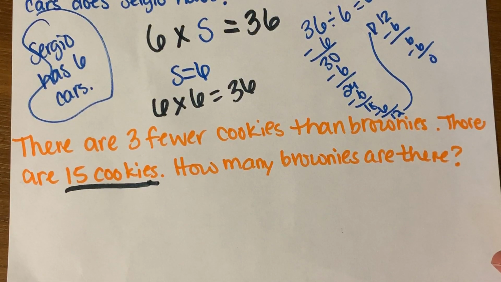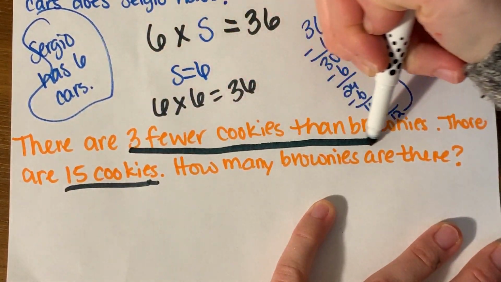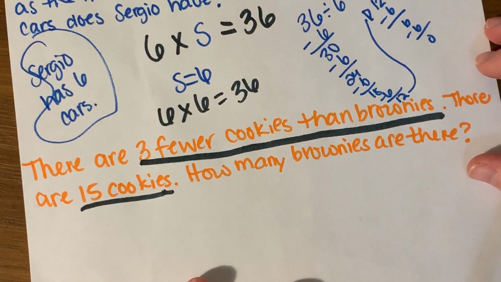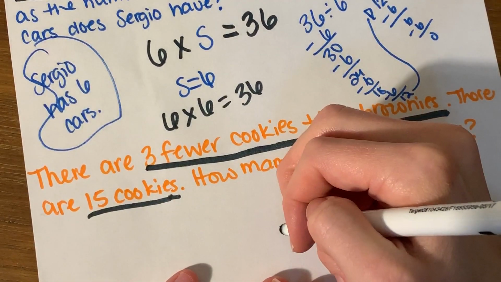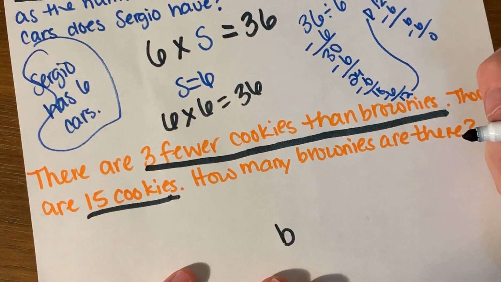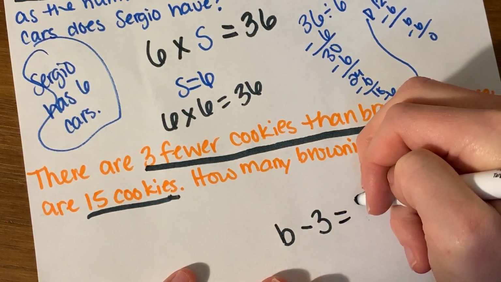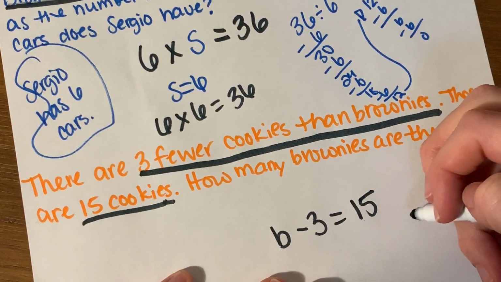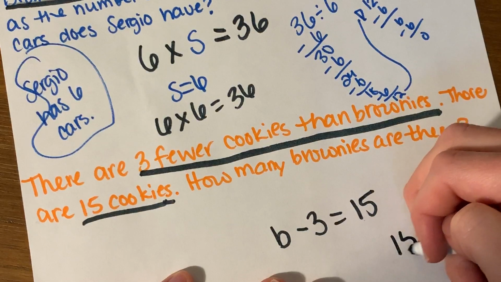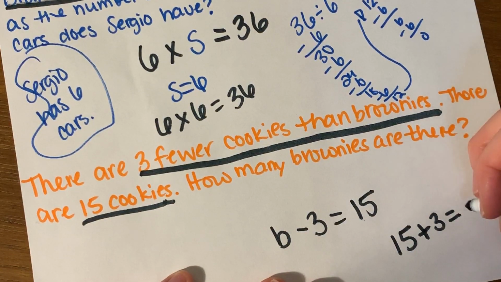We're going to be using addition or subtraction. So I know that there are 15 and there are 3 fewer cookies than brownies. So brownies, it looks like, take away 3 gives us 15, because 15 plus 3 equals our brownies.